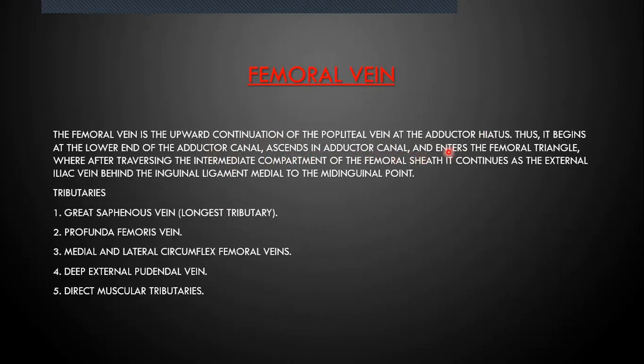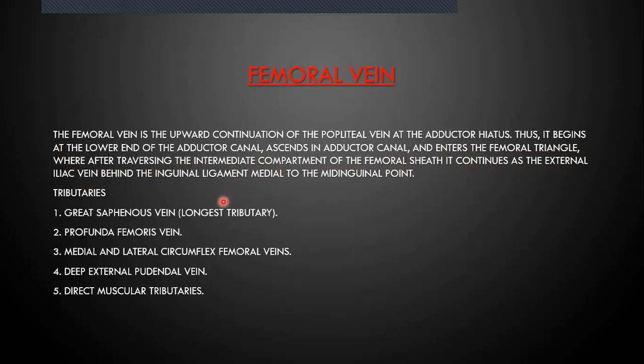Then after ascending, it enters the femoral triangle from its apex, and after traversing the intermediate compartment of the femoral sheath, it continues as the external iliac vein. So after crossing the inguinal ligament, it changes its name from the femoral vein into the external iliac vein.